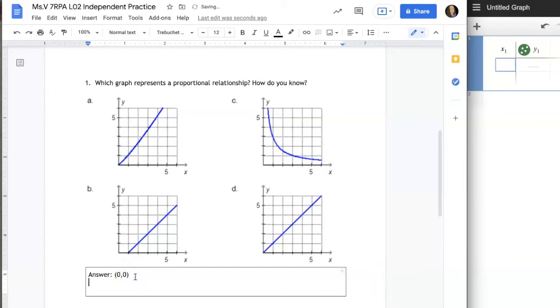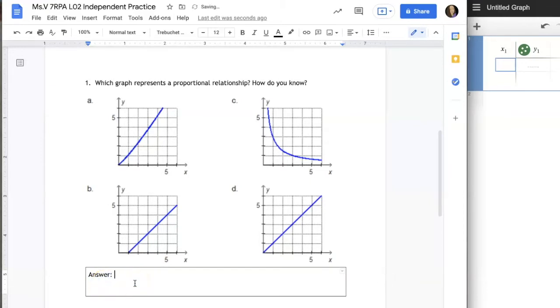So if I was going to write the coordinate 5, 2, which would be 5 on the x-axis and 2 on the y-axis, which would be this point right here, then I would put parentheses 5, 2, close parentheses. So just a quick reminder there.